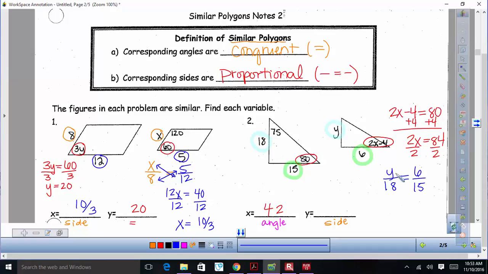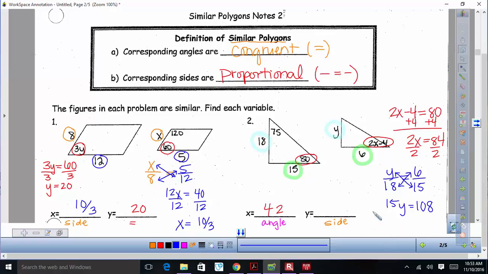So from here, we cross multiply. We do y times 15, which gives me 15y. And then we do 6 times 18. Is that right? 108.